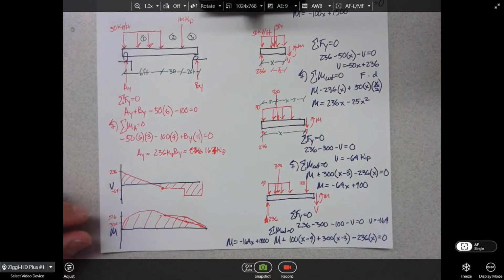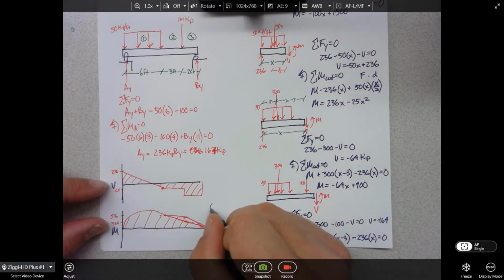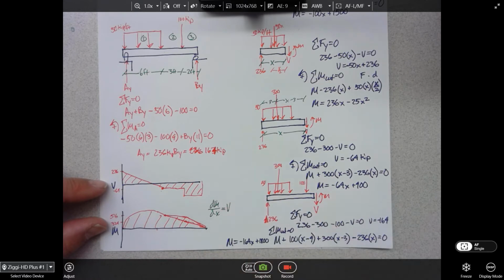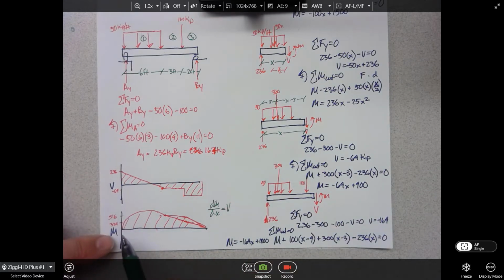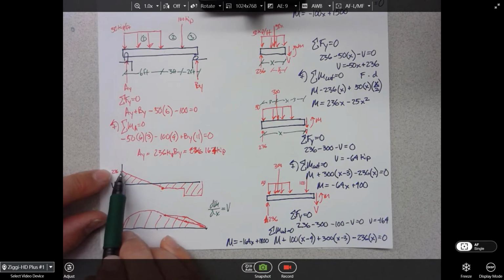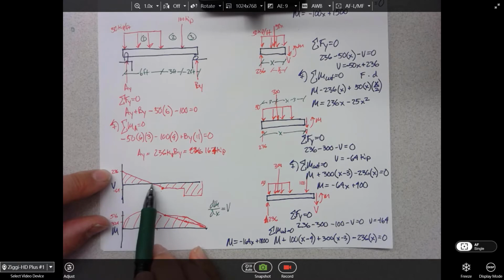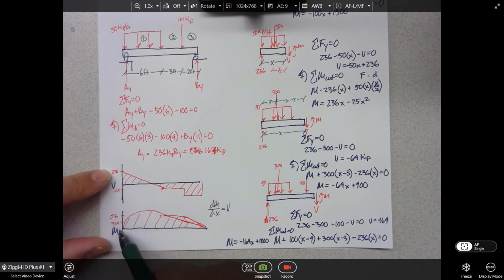So let's evaluate our two things that relate these graphs that we learned above. The first is that the slope of the moment diagram is the value of the shear. The shear here goes from a positive 236 down to 0 and then negative. So our curve is very positive, decreasingly positive, goes to 0 right here, the point of inflection, and then decreases a little bit more.